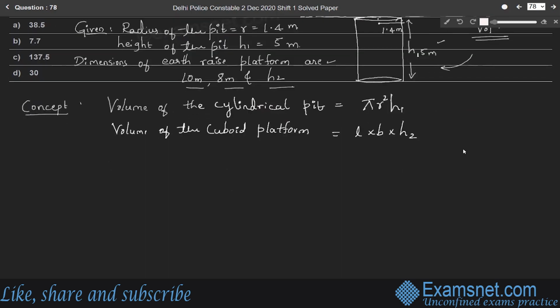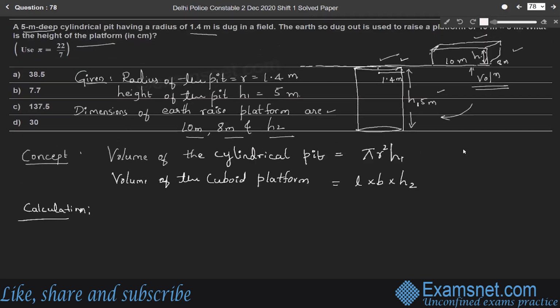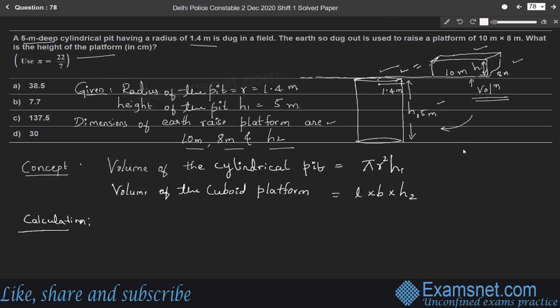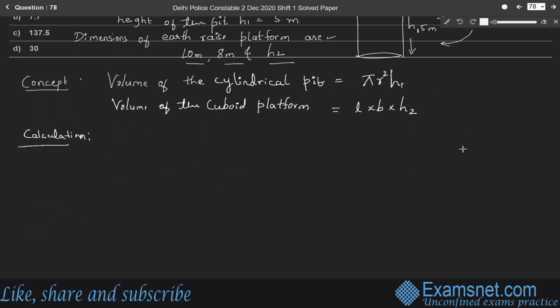So come to the calculation part. Since the same amount of soil is used to raise the platform, the volumes are equal. Volume of the cylinder is equal to volume of the cuboid.